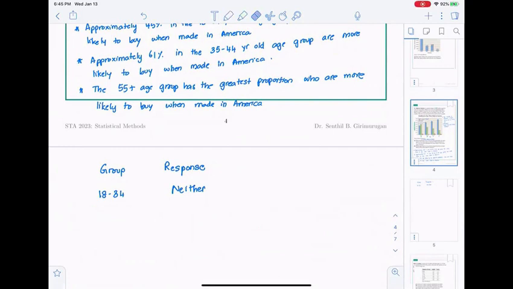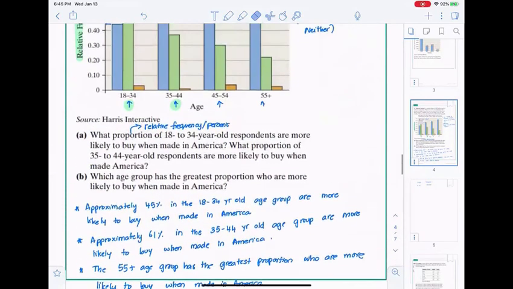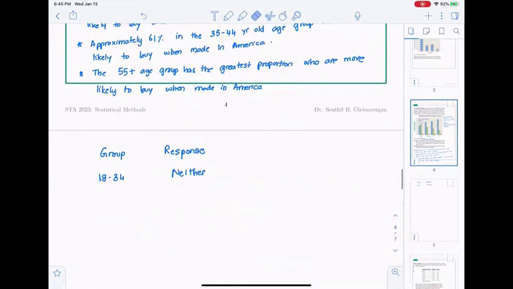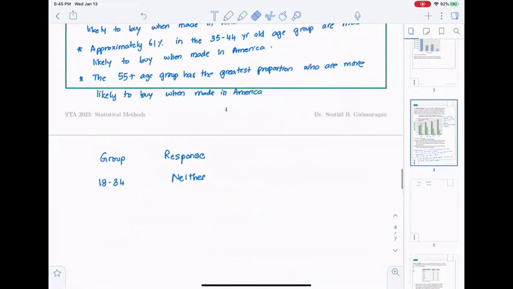It's either more likely, less likely, or neither. So I've picked 18 to 34. I'm going to pick 45 to 54. The last one, 55 plus. Less likely and neither. And we need to know the percentage for those three cases.